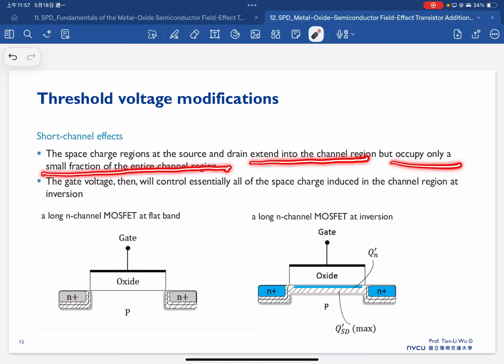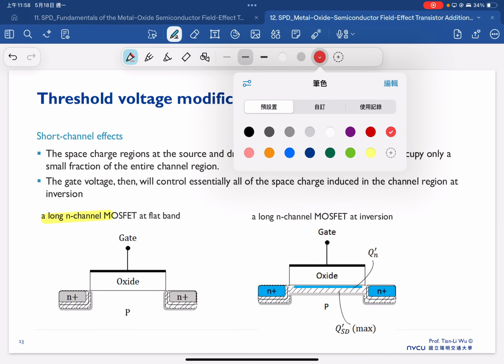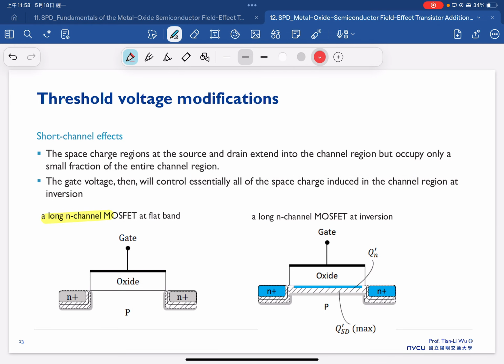This is a typical case for the long channel device. So in the case of a long channel device, the depletion region here will only occupy a very small fraction compared to the entire channel length.